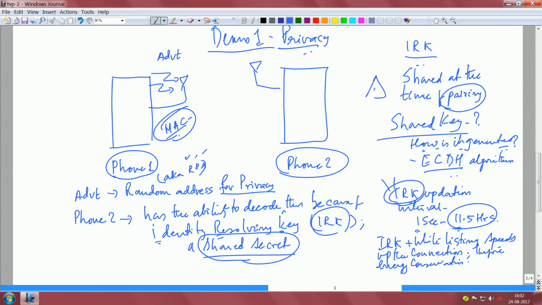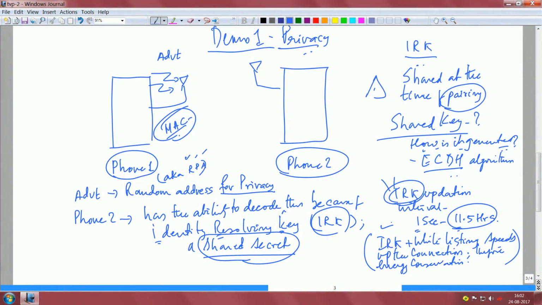Now, the real good thing about 4.2 and above, which is the reason I did not want to talk about anything prior to 4.2, is that you can use this identity resolving key along with white listing. You have blacklisting and white listing.